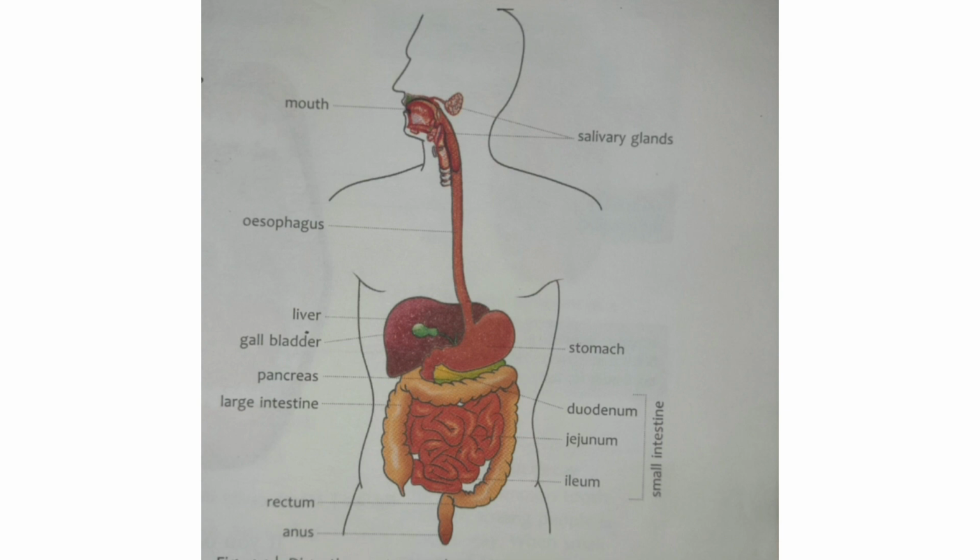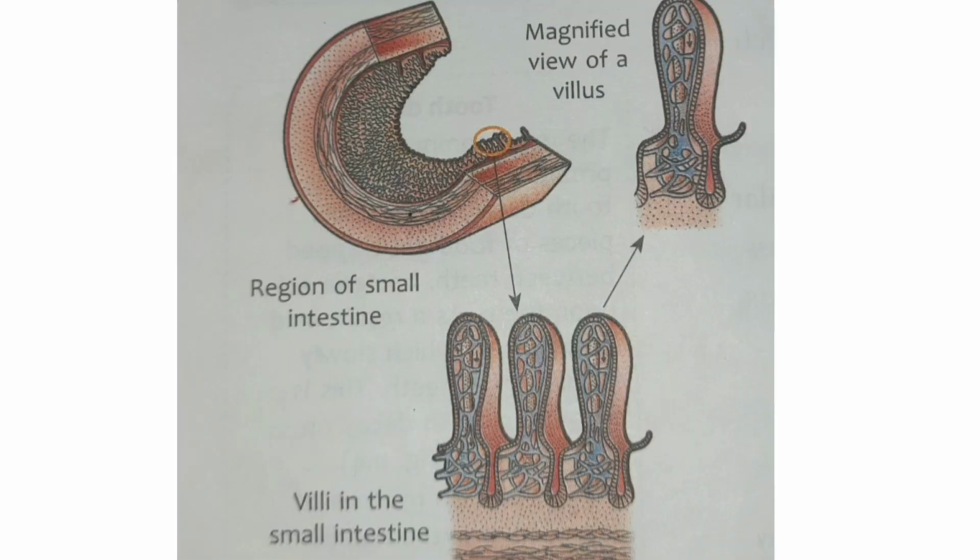The next part is the small intestine. Let me show you the internal structure of the wall of the small intestine. This is the internal structure of the small intestine, and you can also find this picture in your book. The small intestine is actually a very long, coiled tube, fully folded in our abdomen.